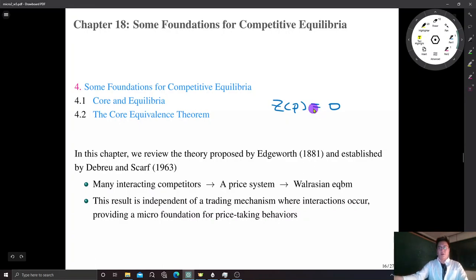Under either WARP or the GS property, the same conditions for uniqueness, we can say no matter where the initial price is set, over time that price adjustment process will lead us to the unique Walrasian equilibrium price, right? We examined such stability of equilibrium in the previous video.